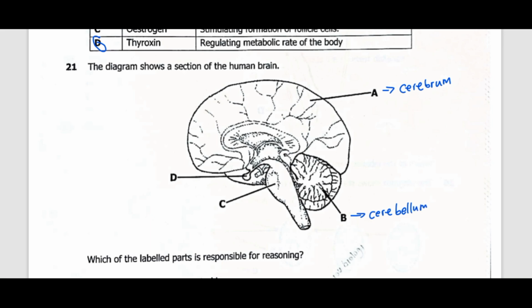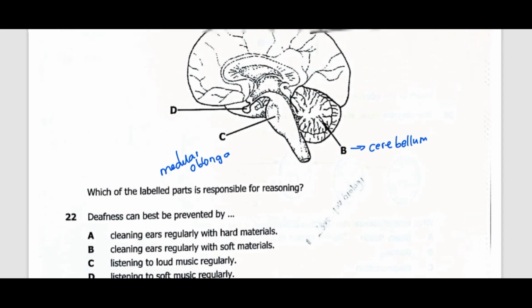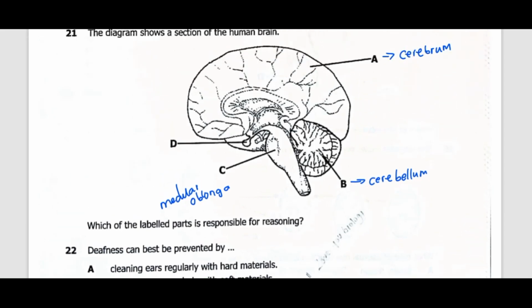Then our C is the medulla oblongata. Then our D should be the pituitary gland. So which of the labeled parts is responsible for reasoning? Reasoning is associated with the cerebrum, which is A.